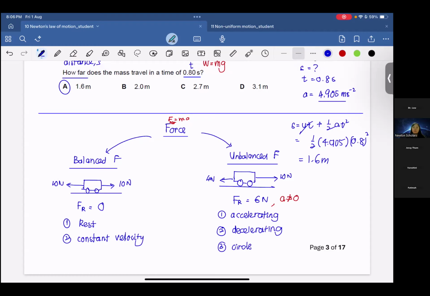It all belongs to unbalanced force. This concept we will recall later when answering the questions, so I need you to remember it. If okay, we are going to proceed to page number 4.